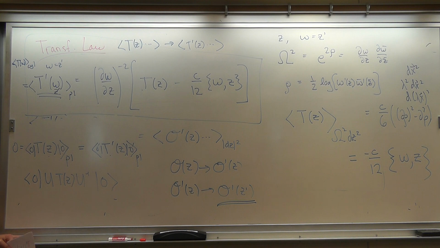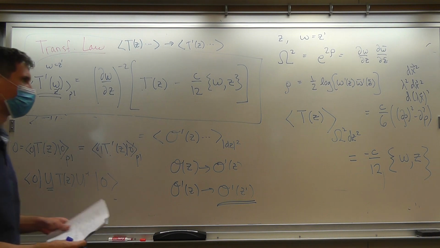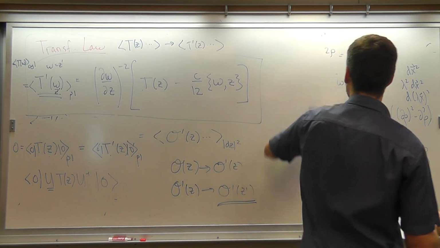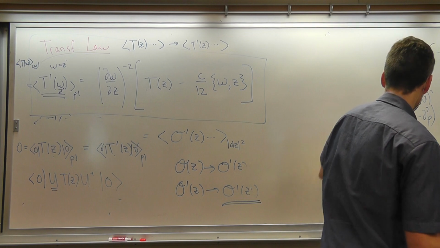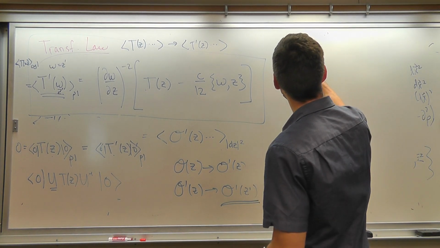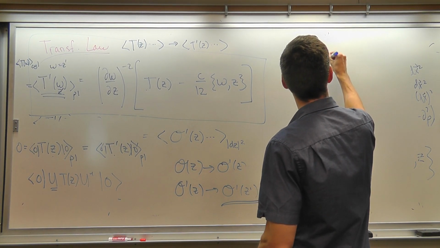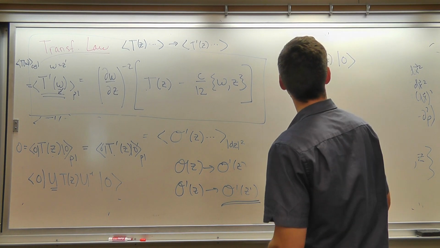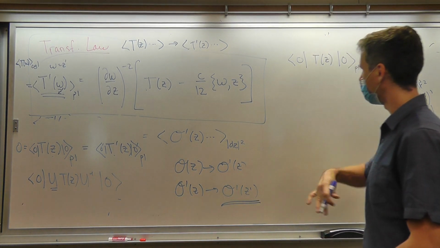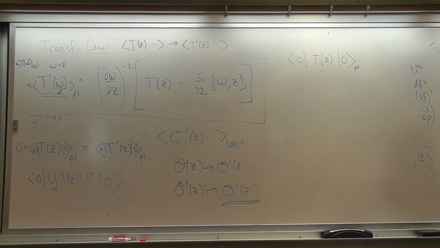No, I think you really can do this. I can take a charge and I can exponentiate it. So if we write this in operator language, all I've written here is 0, T of Z, 0. And this is all going to happen in one theory, the theory on the plane.